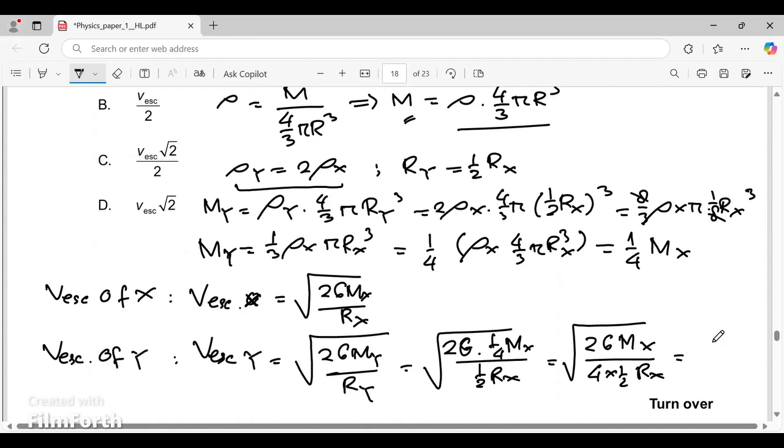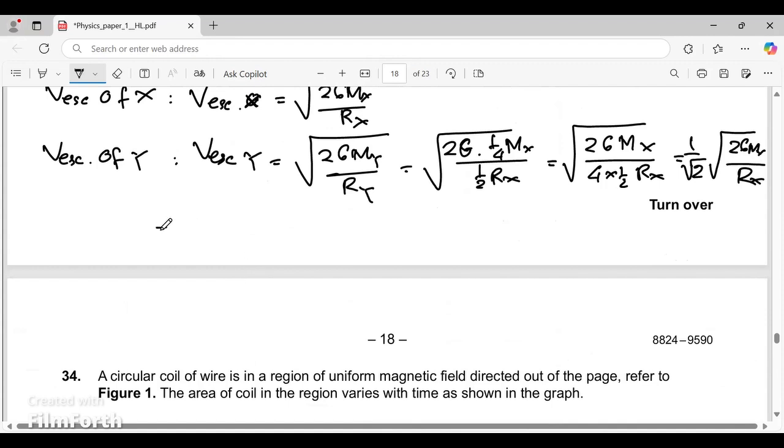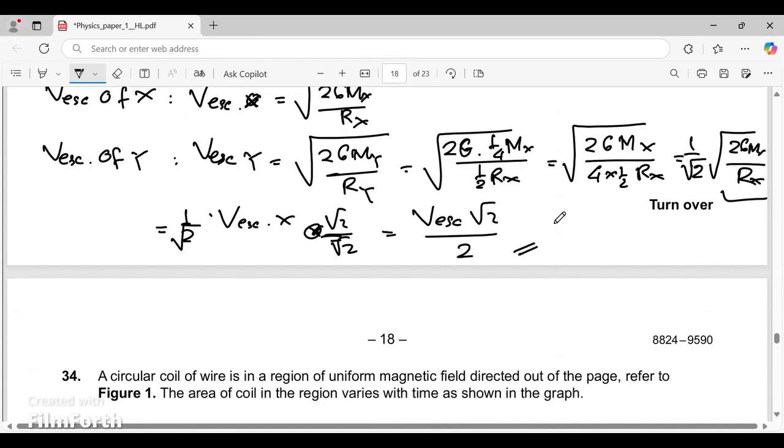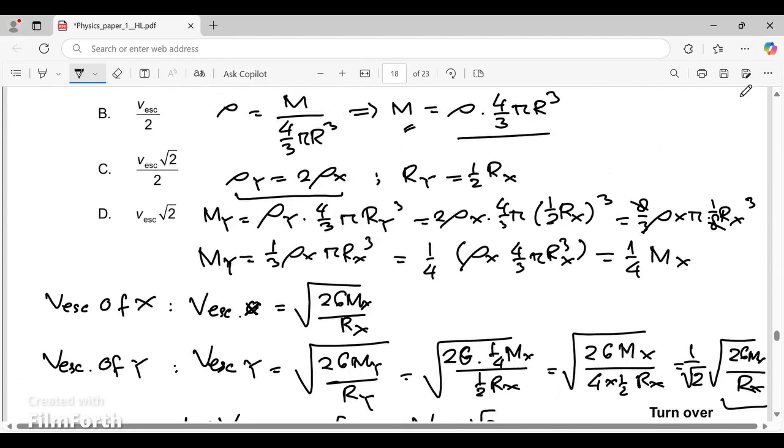So we can write it as 1 over square root 2 of square root of 2G M X over r X. And it becomes 1 over square root 2 of the escape velocity of planet X. After that, times square root 2 over square root 2, it's going to be v escape of planet X times square root 2 over 2. So that is the solution.